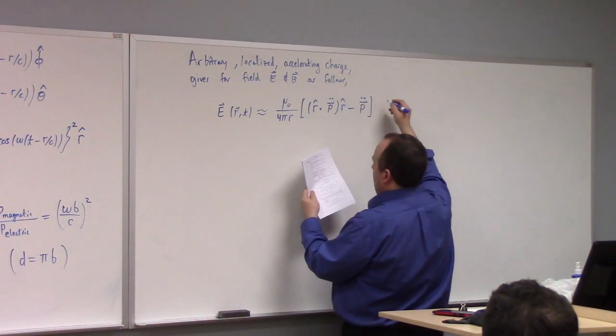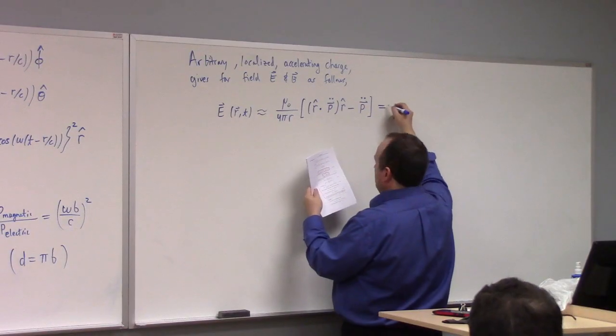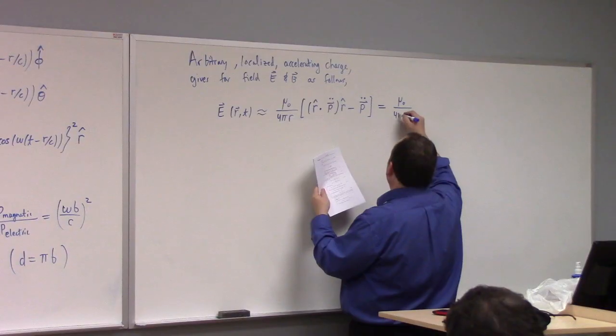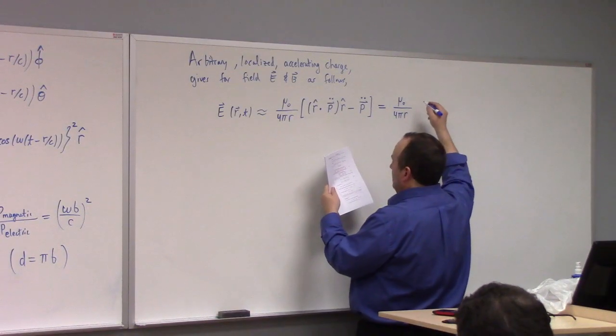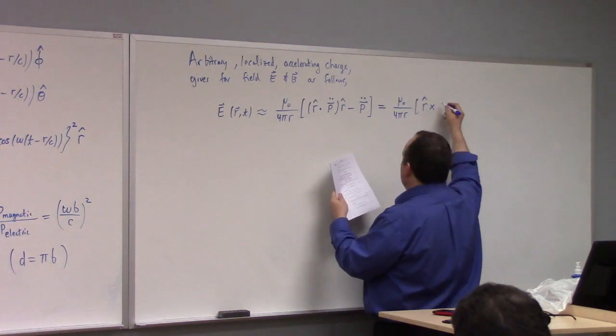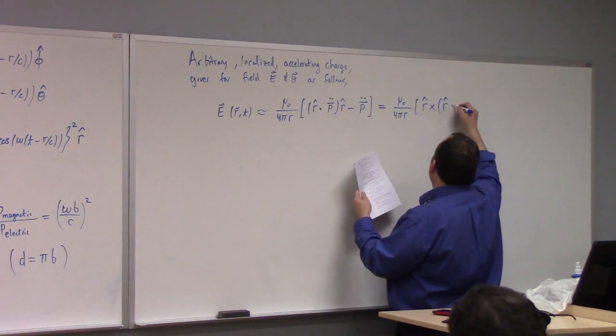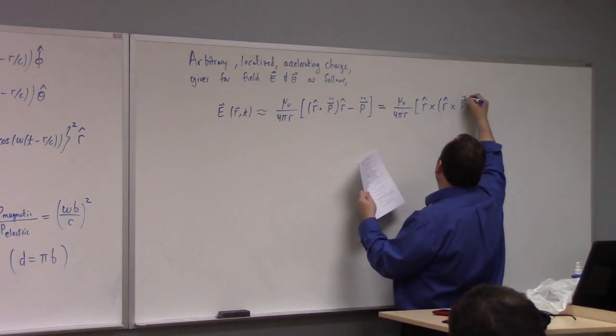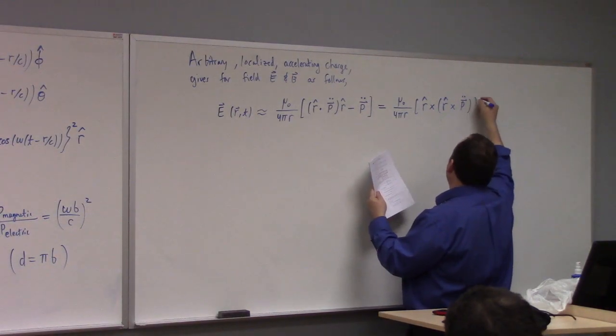Anyway, this simplifies to, I'm trying to write down the finished products here, guys. So here's the finished product: mu naught over 4 pi r, r hat crossed with r hat crossed with the acceleration of the dipole moment, p vector double dot.